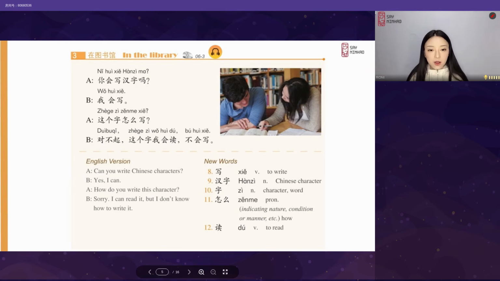Now let's switch the roles. I will be B and you will be A. 3, 2, 1. 我会写。对不起，这个字我会读，不会写。Okay, these are all for today's text.